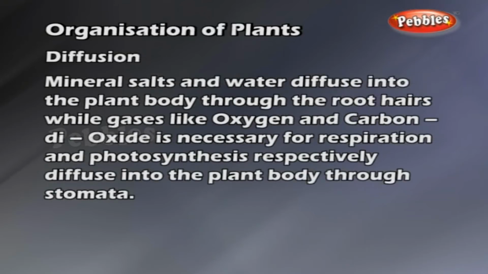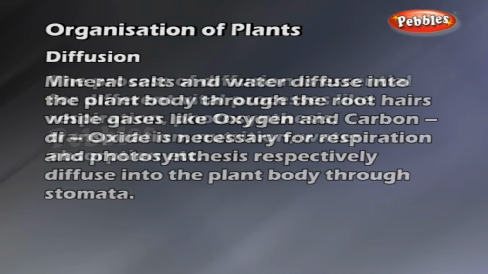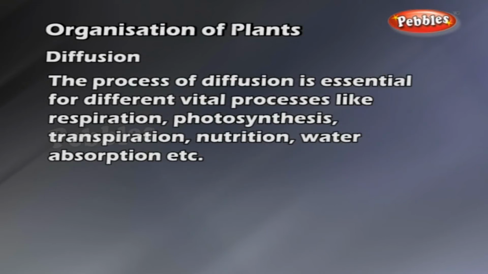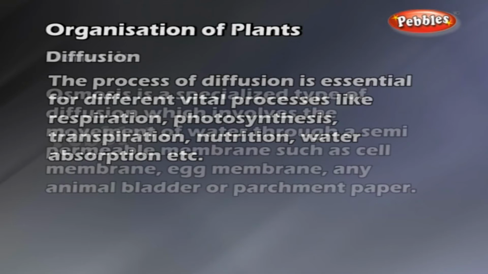Mineral salts and water diffuse into the plant body through the root hairs, while gases like oxygen and carbon dioxide, necessary for respiration and photosynthesis respectively, diffuse into the plant body through stomata. The process of diffusion is essential for different vital processes like respiration, photosynthesis, transpiration, nutrition, water absorption, etc.